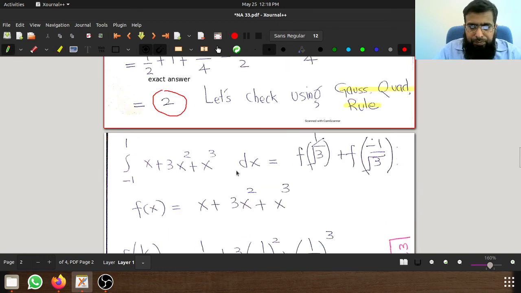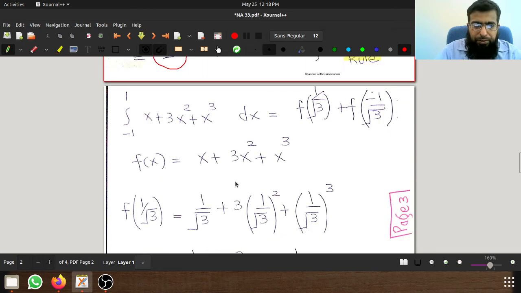Right, so in our last lecture NA-32 we proved that any f of x integrated from -1 to 1 using Gauss quadrature rule can be represented like this. We reached this conclusion after solving 4 simultaneous equations.